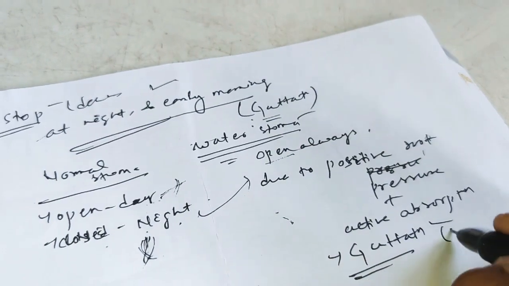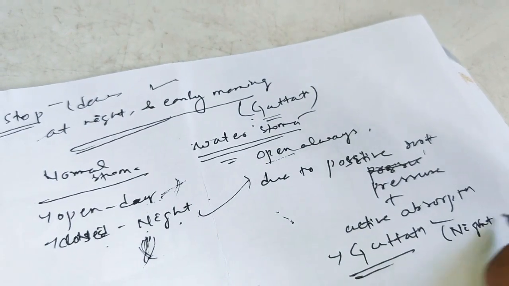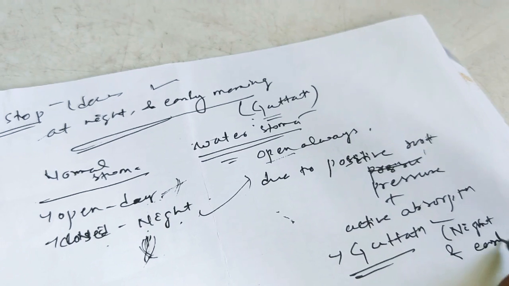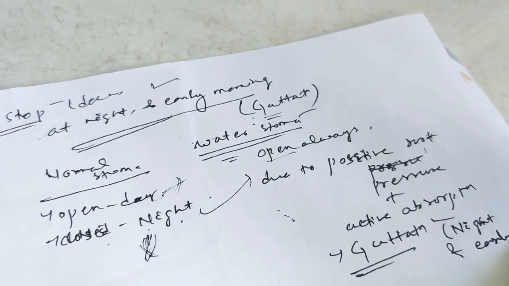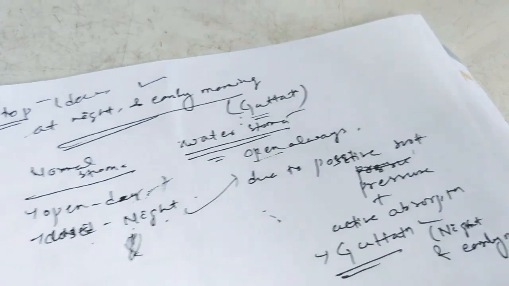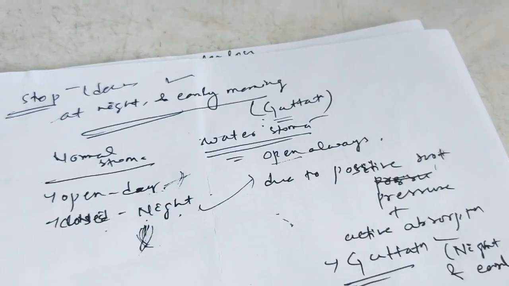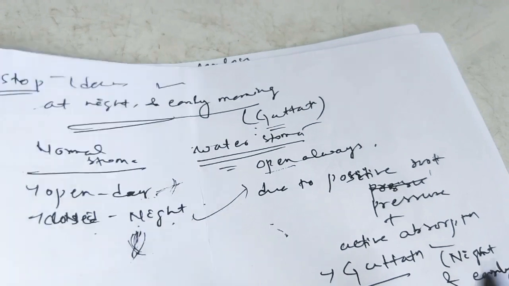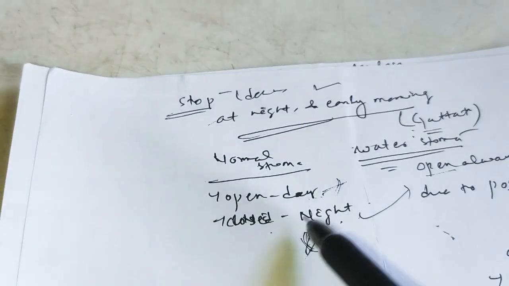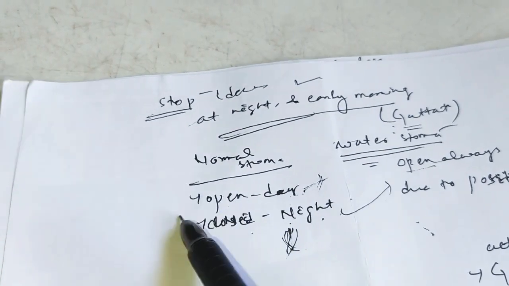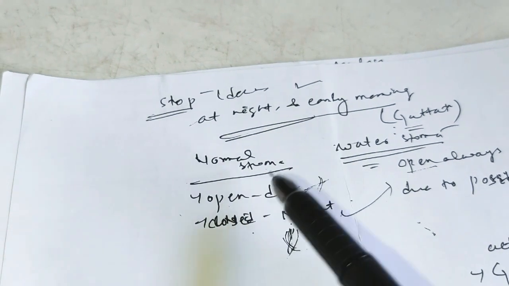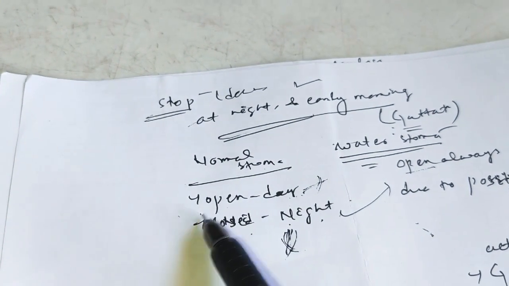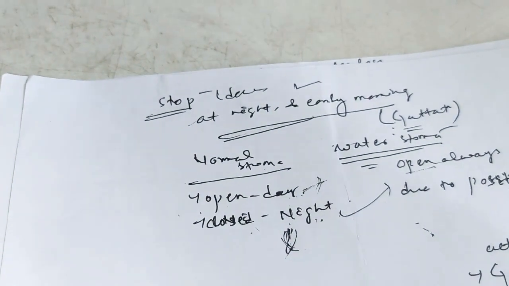Clear? At night and also early morning. Guttation mostly occurs at night and early morning because in early morning also the stomata are closed, and at night the stomata are closed.